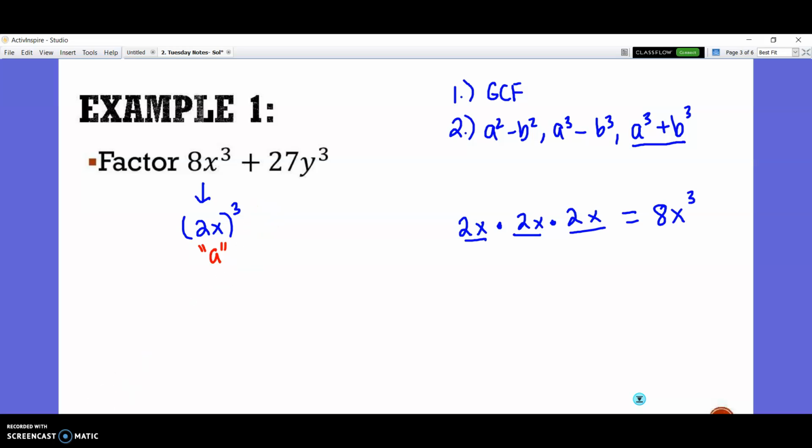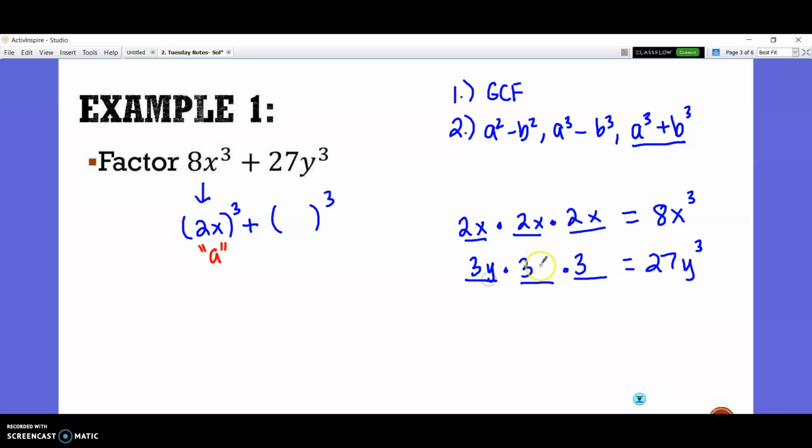Okay, plus, what am I cubing here to get 27y cubed? So what times itself is equal to 27y cubed. So that would be 3. 3 times 3 is 9, and 9 times 3 is 27.